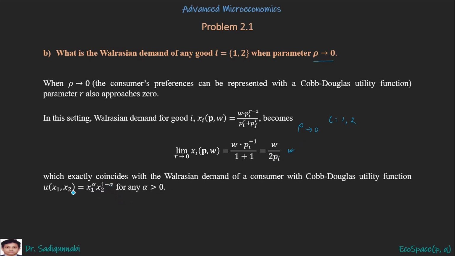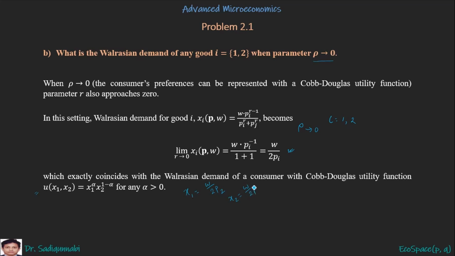From this utility function we can get two Walrasian demands. One is x1 equals w divided by 2p1, and x2 equals w divided by 2p2.